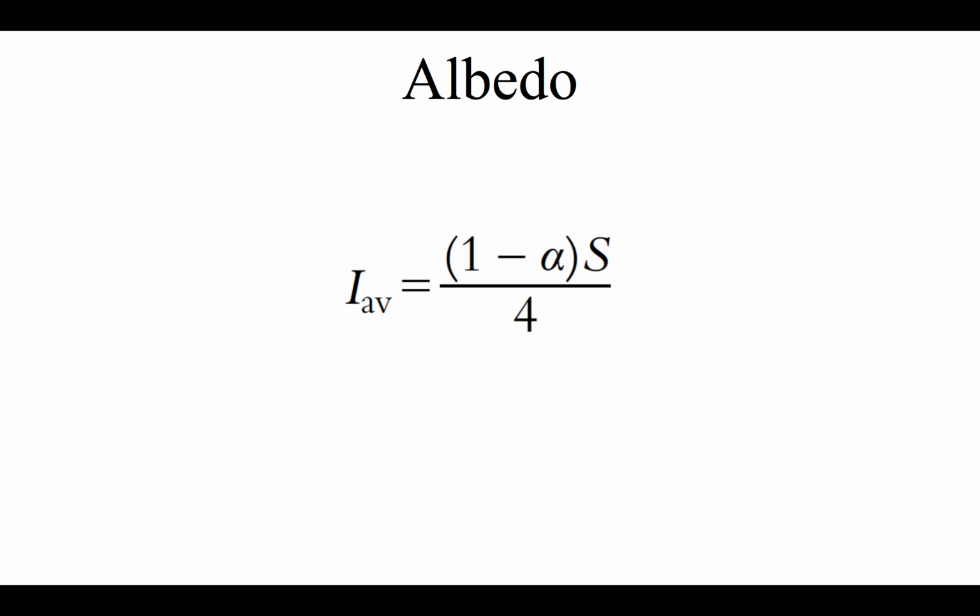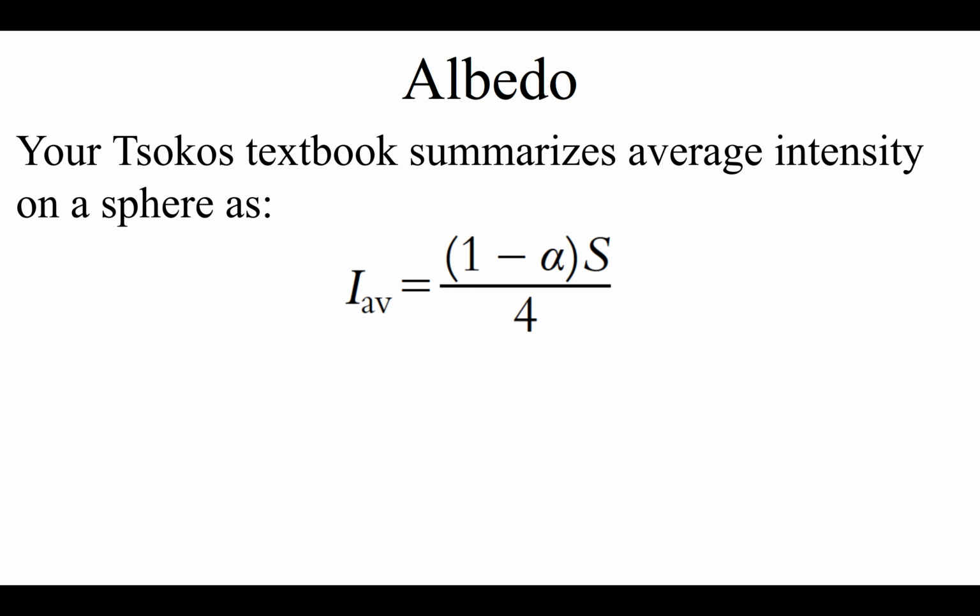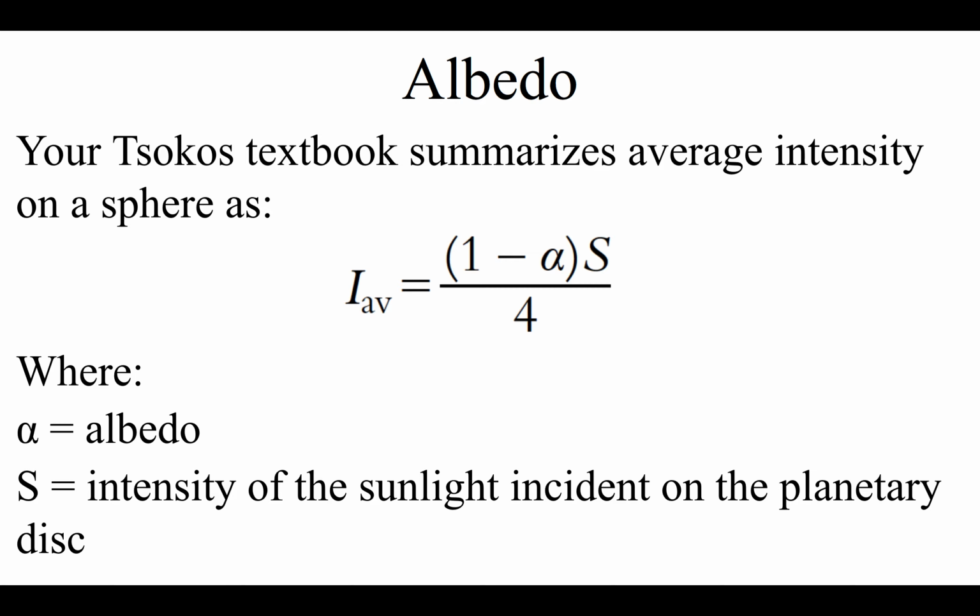But there you go. So your SOCOS textbook gives a summary of the average intensity on a sphere as average intensity is equal to the quantity 1 minus albedo, times S divided by 4, and we need to identify that S. It is the intensity of sunlight incident on the planetary disk.